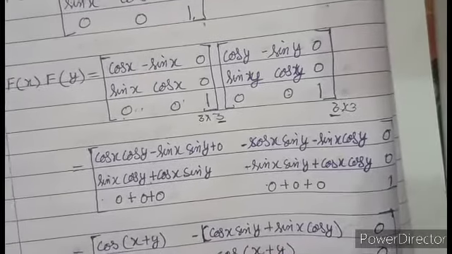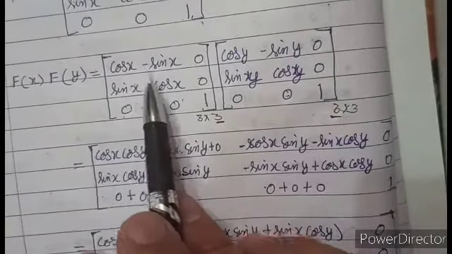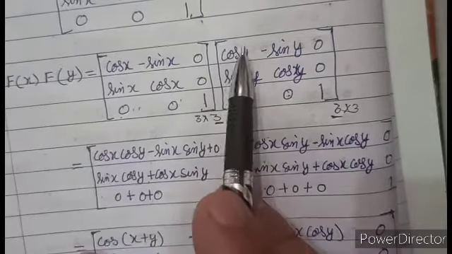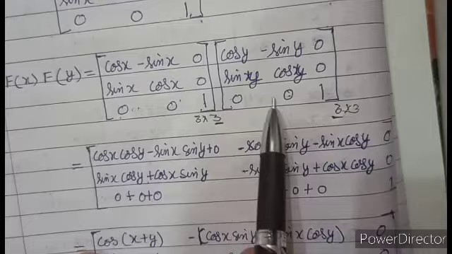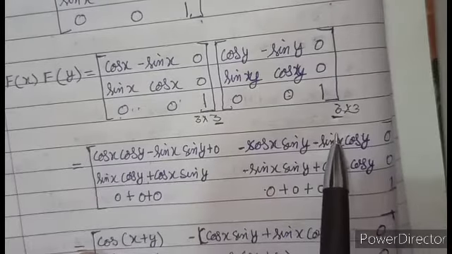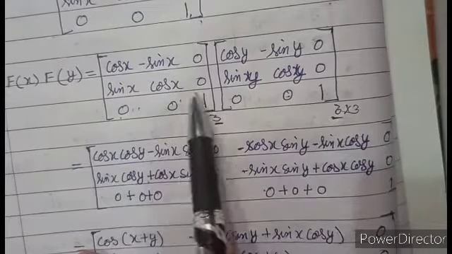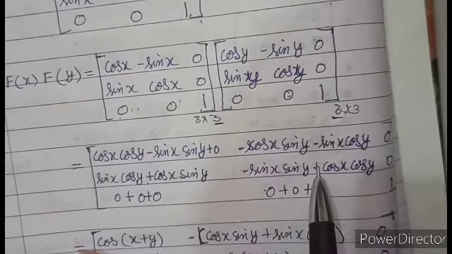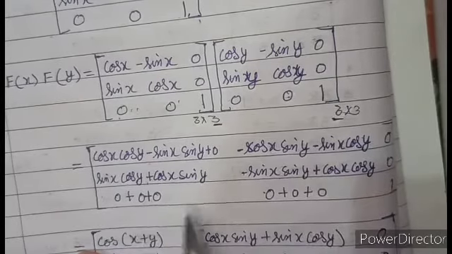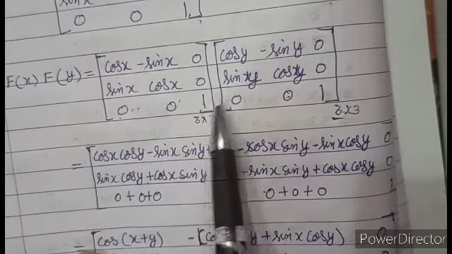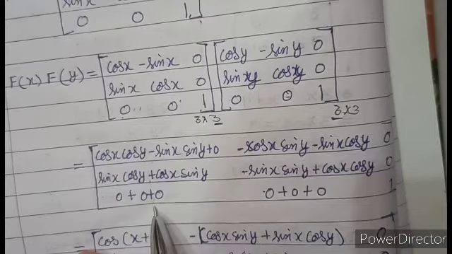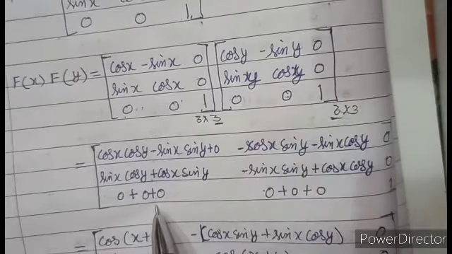In order to find the product, we will multiply row 1 of the first matrix with the columns of the second matrix to get row 1 of the resultant, row 2 with the columns to get row 2 of the resultant, and similarly row 3 of the first matrix with the columns to get row 3 of the resultant matrix.